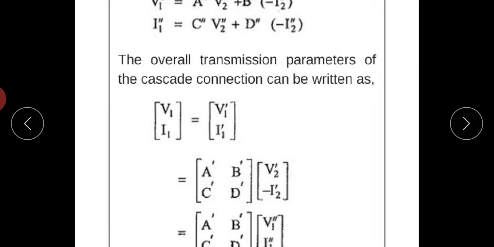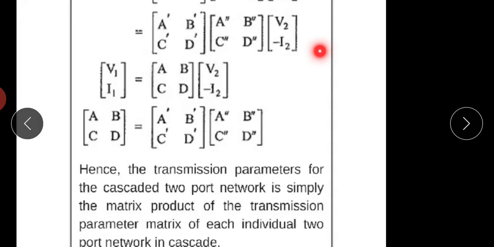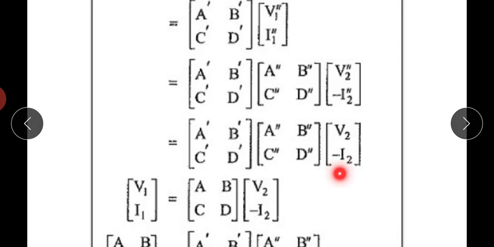So V1 double dash, I1 double dash matrix equals A double dash, B double dash, C double dash, D double dash matrix times the matrix of V2 double dash and minus I2 double dash.